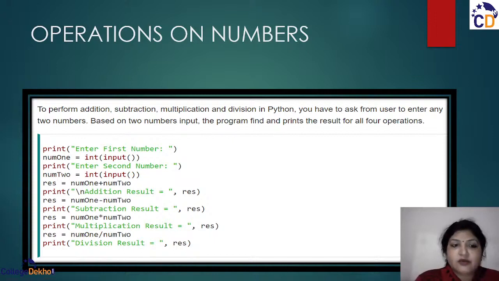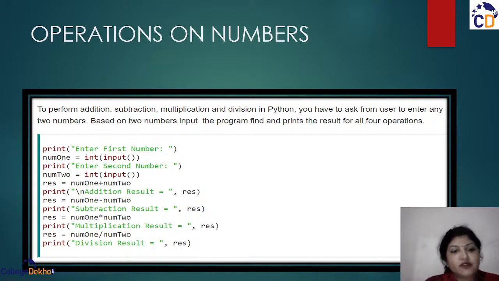Then print this variable with the message addition result. Then again, because it's a variable, we can change the value of res. We subtract the values, num1 minus num2, and print the difference stored in the variable res on the screen.